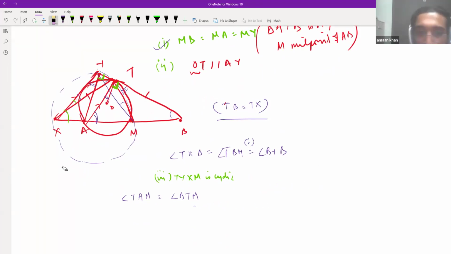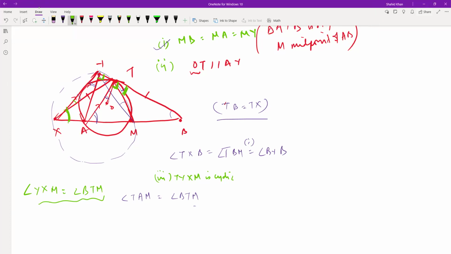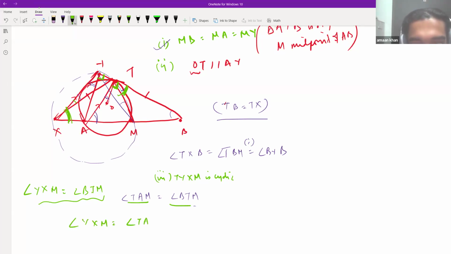This is cyclic, right? YT is cyclic, so these two angles are equal: angle YXM and angle BTM. Does everyone see why? Yeah, because this is the exterior angle in this cyclic quadrilateral. And because BTM is equal to TAM, which we have already proved, we have angle YXM equal to angle TAM.